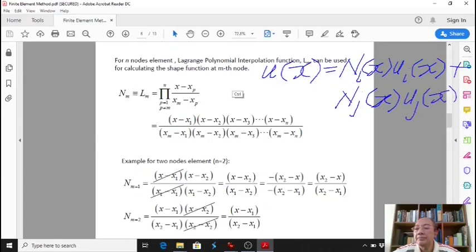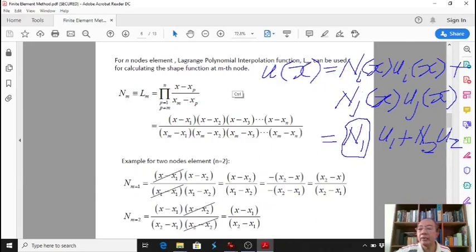We can replace i with 1 and j with 2, so N1 U1 plus N2 U2. So we can find N1 and N2 just now.